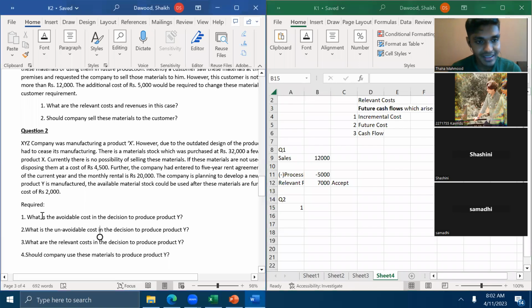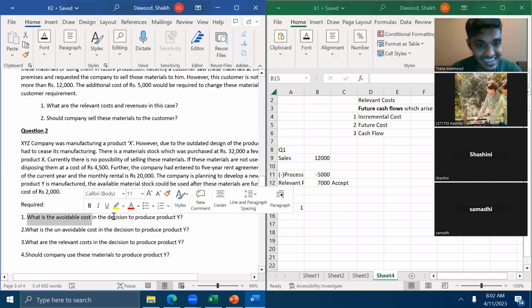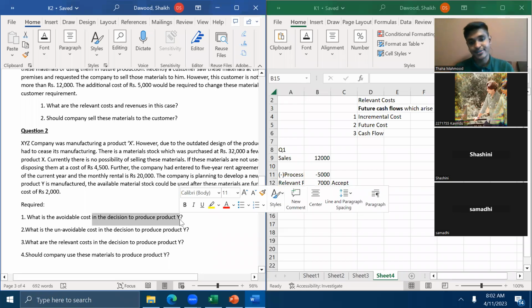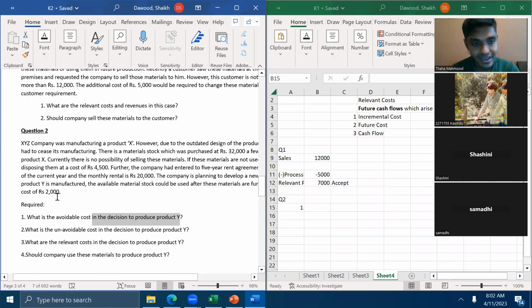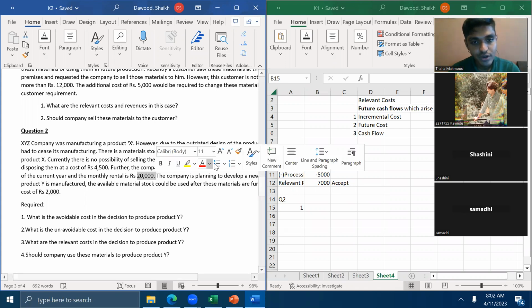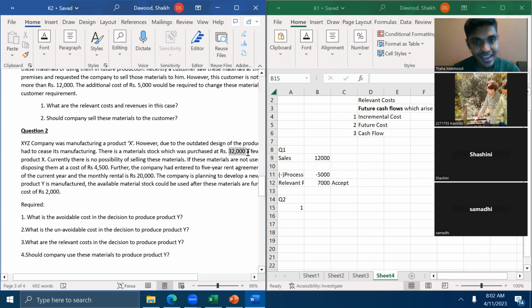Why do I say that? What is the avoidable cost in the decision to produce Y? If we decide to produce Y, we will not have to incur this 4,500. The 32,000 is not an avoidable cost; it's actually a sunk cost. We have already purchased it, so this 32,000 is a sunk cost, and that's also not a relevant cost.